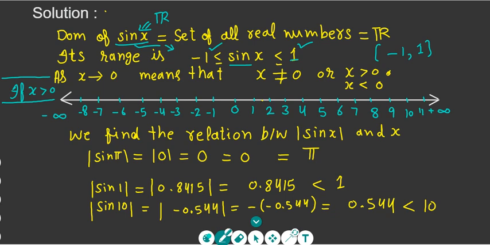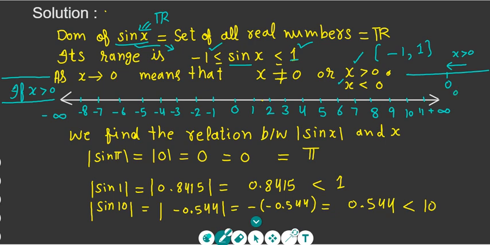As our limit is x approaches 0, which means that x is not equal to 0, x may be greater than 0, or x may be less than 0. We will approach 0 from the right side. In this case, x will be greater than 0.